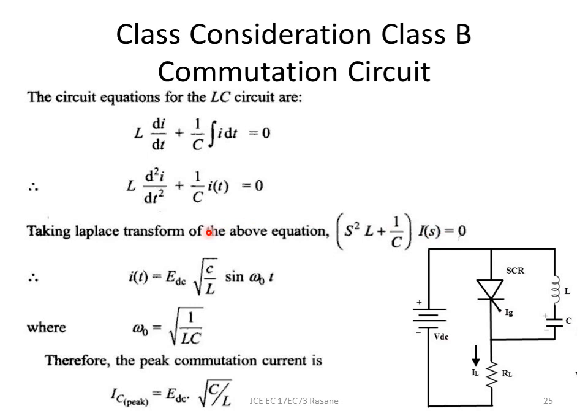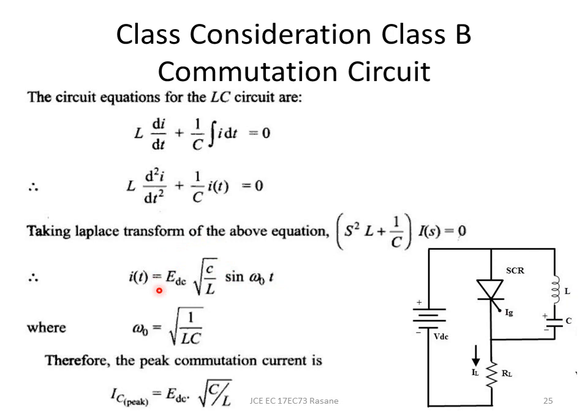Then you take the Laplace inverse transform and we get the current. See, it's a quadratic term, so you are going to get the inverse term in terms of sine. And we have also seen the current through the SCR as a sine wave, right? So this becomes a sine function and it is equal to EDC root of C by L sine omega t.